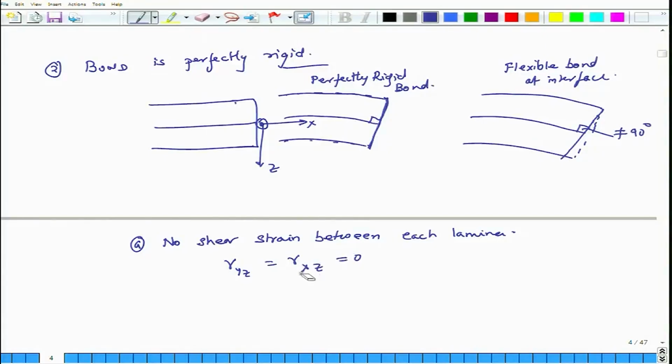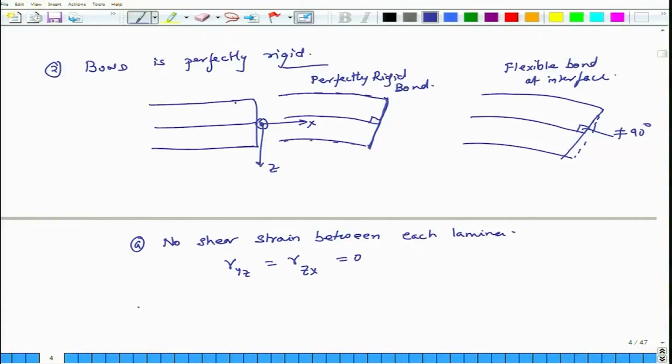So, the first implication is that if the bond is perfectly rigid, it does not permit any shear strain, gamma yz or gamma zx.